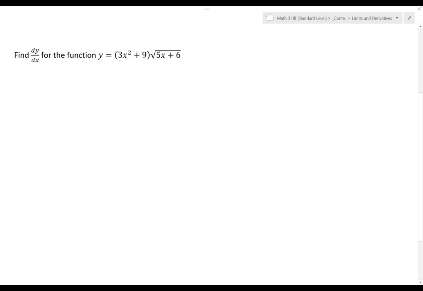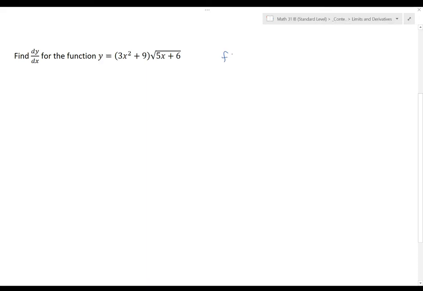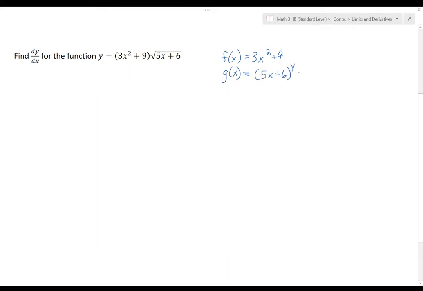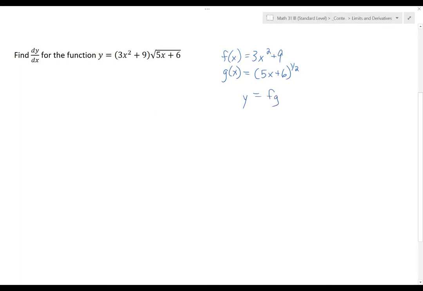So essentially, I say my first function is 3x squared plus 9, and my second function is the square root of 5x plus 6, but I'm going to write that as a power, so 5x plus 6 to the power of 1/2. Then y equals the product of f and g with respect to x.